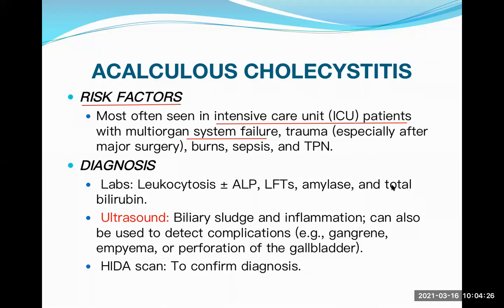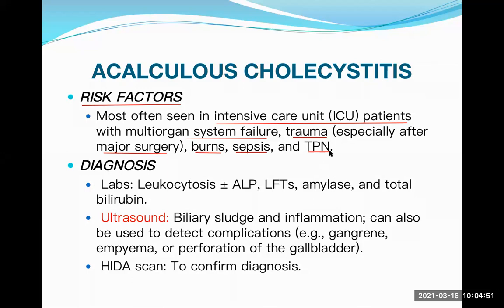Now see here: multiple organ system failure, trauma. This is multiple trauma, like a massive road traffic accident, or a fall from a height, or even after major surgery, after burns, third-degree or major burns, sepsis or septicemia, and total parenteral nutrition.